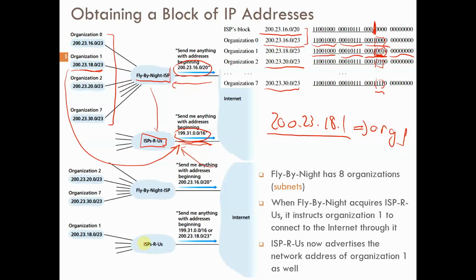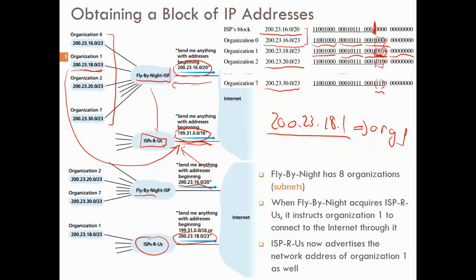Basically, we just make ISPs-R-Us announce the address of organization 1 along with its original block. What do we do to the announcement of Fly-By-Night? We don't change it. So Fly-By-Night will still announce 200.23.16.0/20. ISPs-R-Us will announce 199.31.0.0/16 and will also announce 200.23.18.0/23.